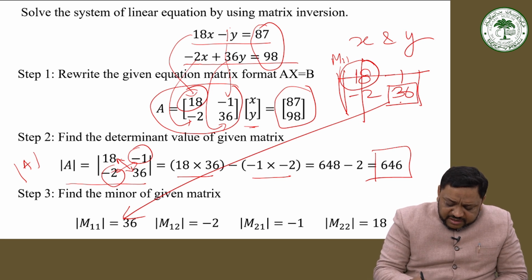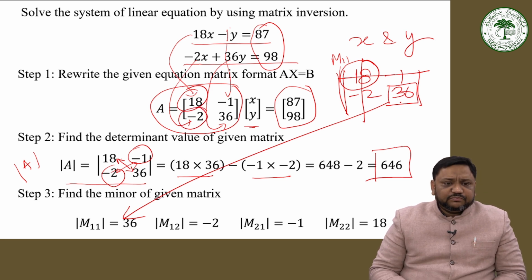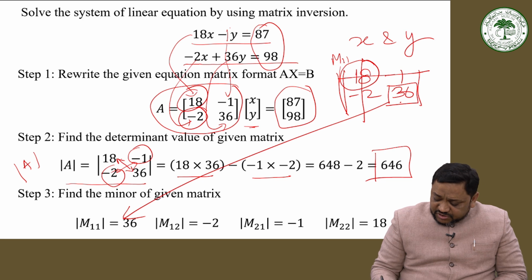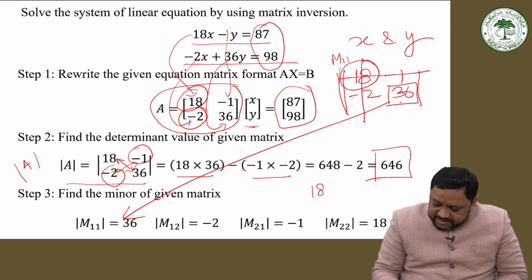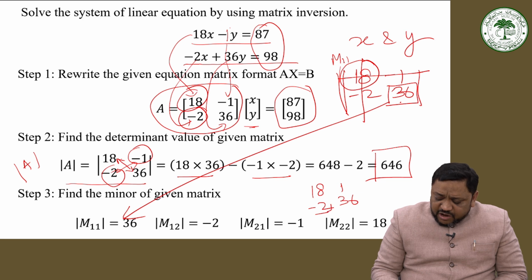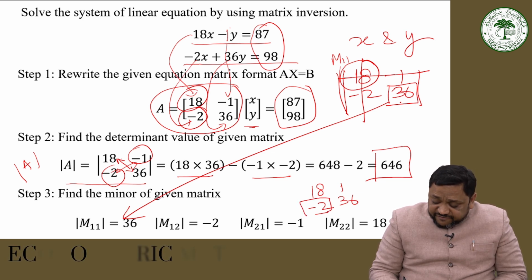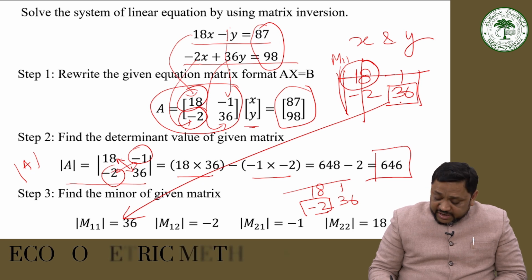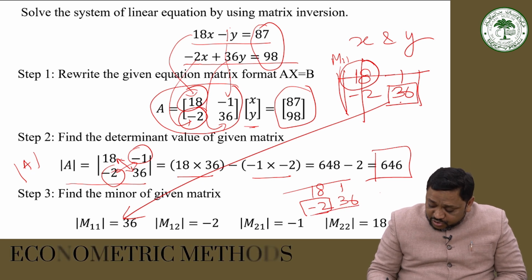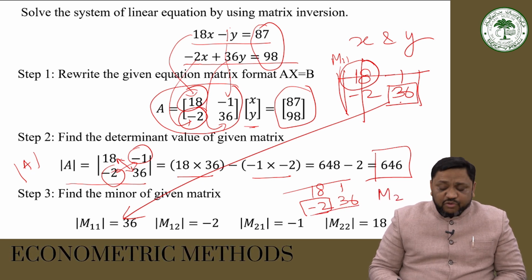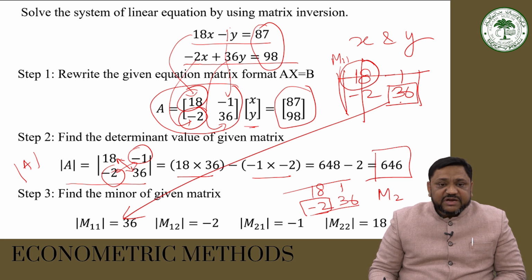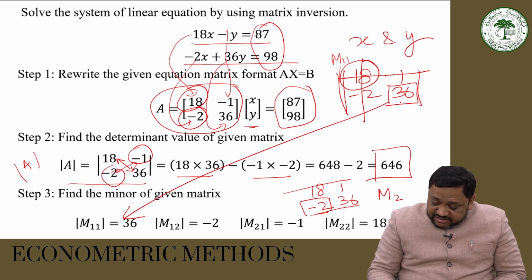We take another example. Say we want to find the minor for this term. This term comes in the second row, so in the subscript the first number stands for the row, and it is in the first column.